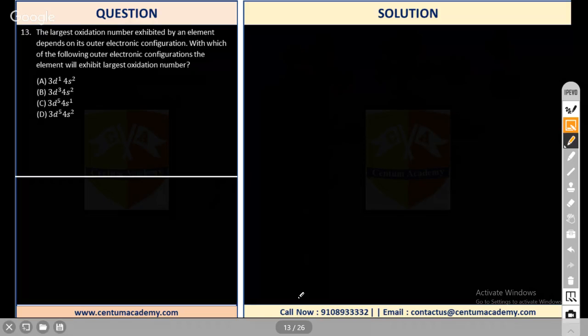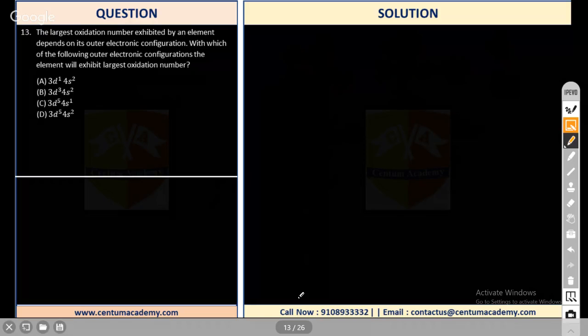The largest oxidation number exhibited by an element depends on its outer electronic configuration. With which of the following outer electronic configurations will the element exhibit the largest oxidation number? When all the electrons present in the d and s orbitals take part in bonding, the oxidation number will be maximum.